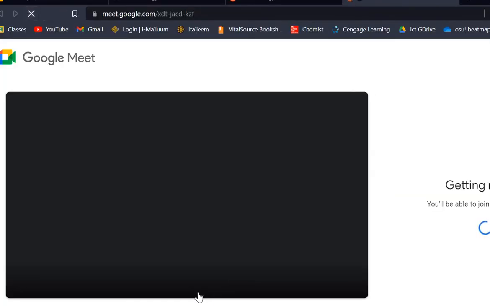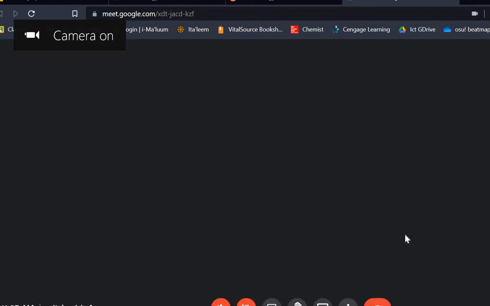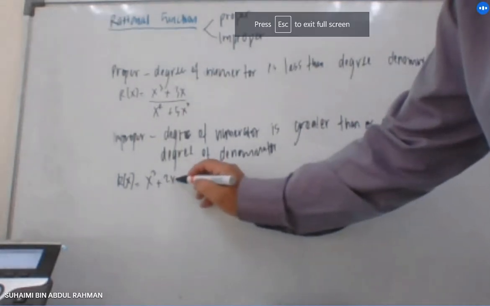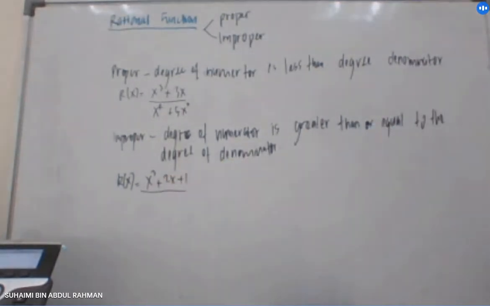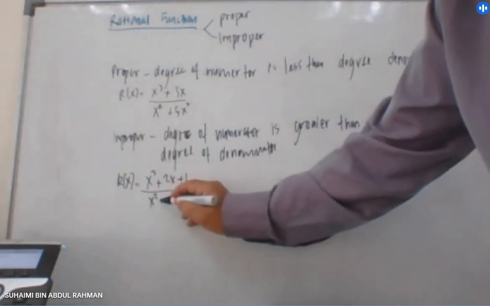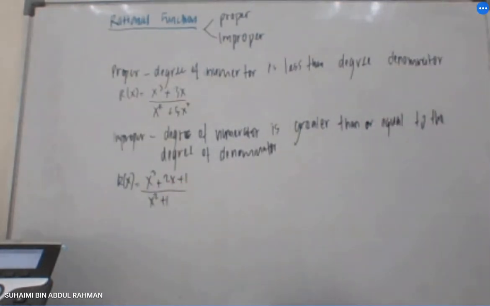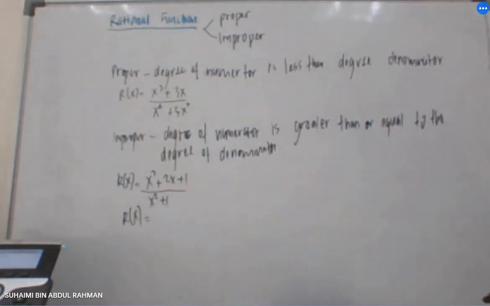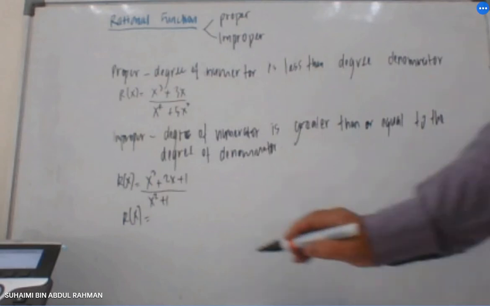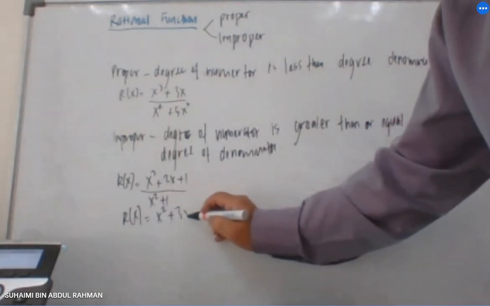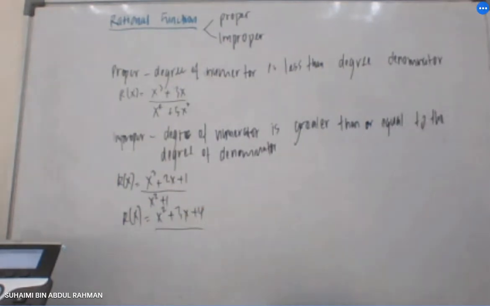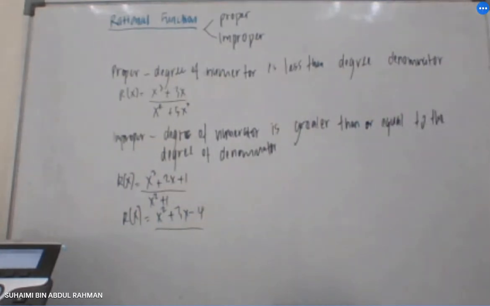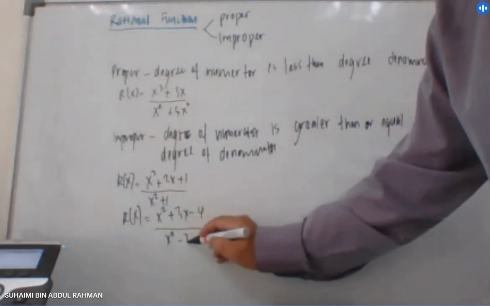Examples are x cubed plus 2x plus 1 divided by x squared plus 1. Another example is x squared plus 3x plus 4 minus 4 divided by x squared minus 2.